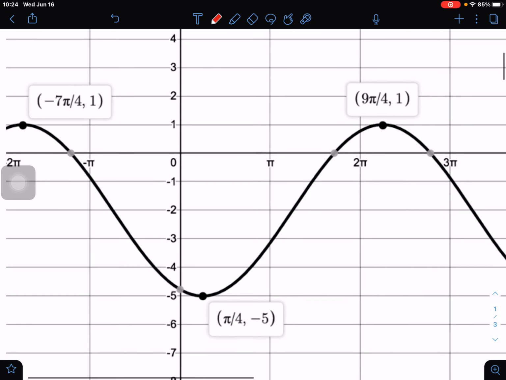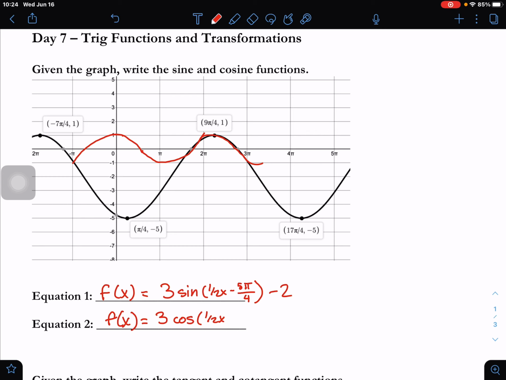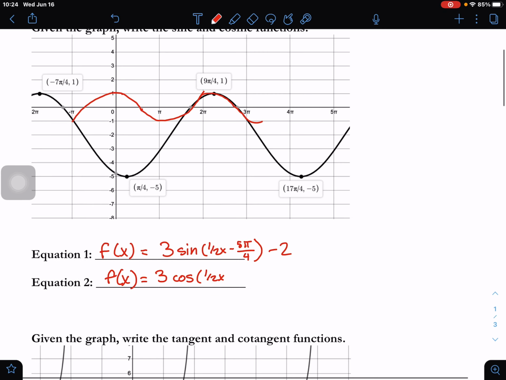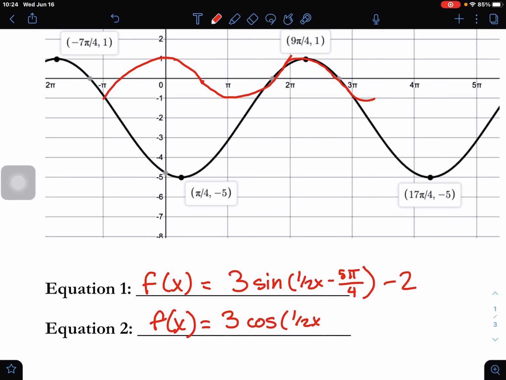So a parent cosine function would look something like this. It would look something like that. So basically what we have here, it appears to have been shifted. What would be here has been shifted down to there.